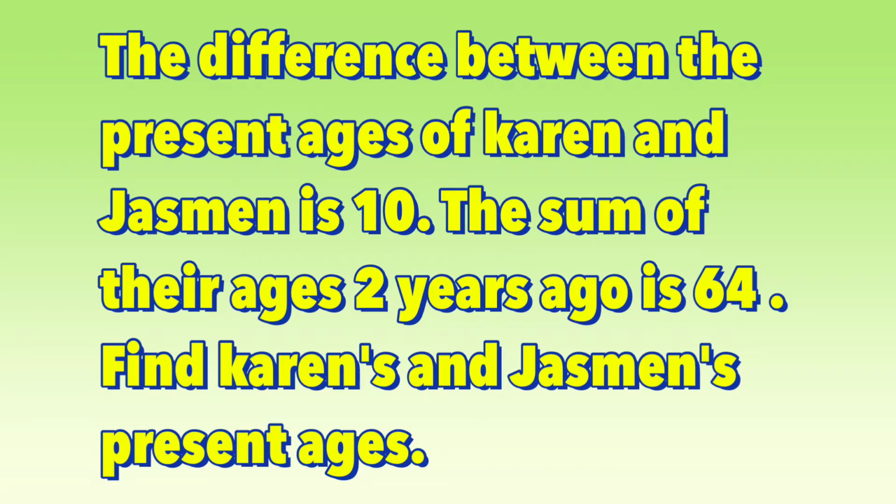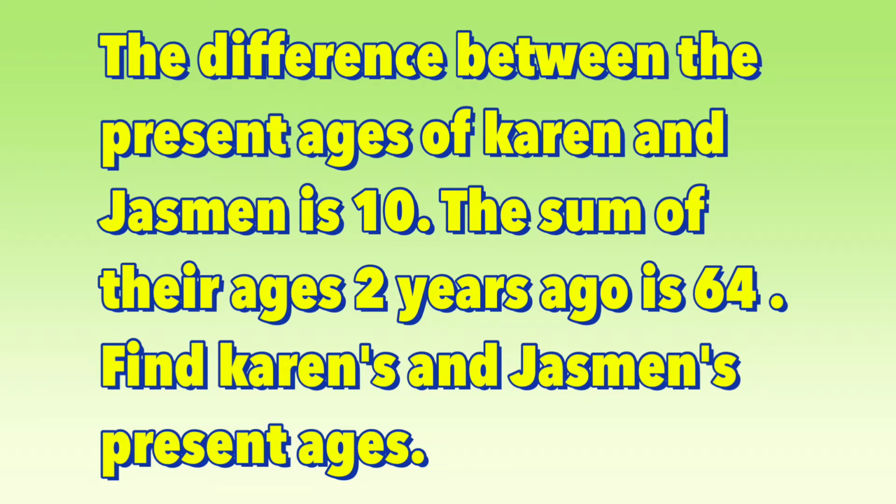In a representation, we assign a variable for Karen and Hasmin. So let x be the present age of Karen and let y be the present age of Hasmin.